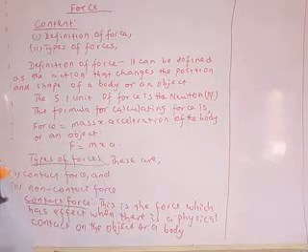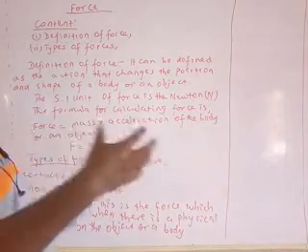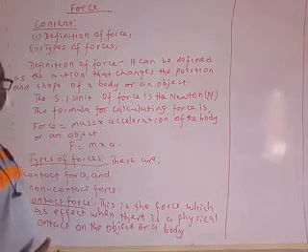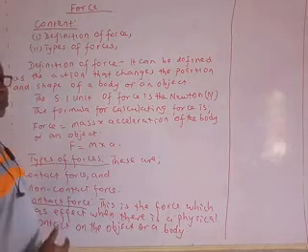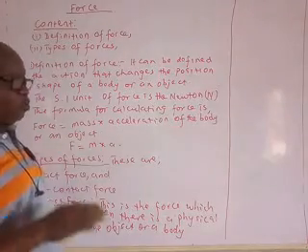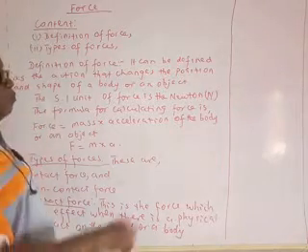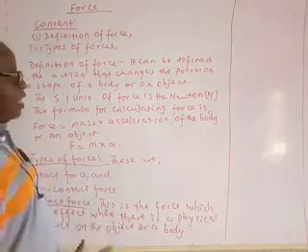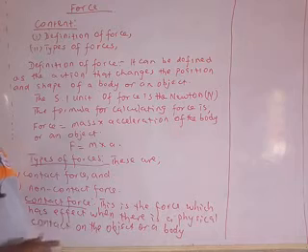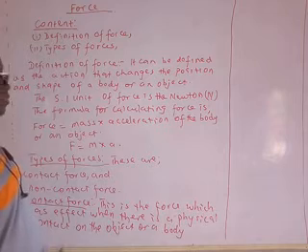That is, the force applied by the palm of the hand has changed the shape of that object. Or let us take, for example, a stationary vehicle which was hit by another vehicle at the back. It shifts forward. That vehicle that hit it from behind has applied a force and has changed the position of that vehicle. So that is how a force changes the position and shape of an object.